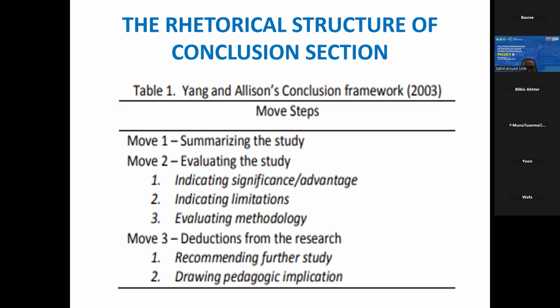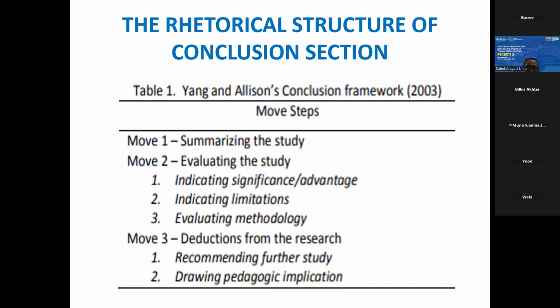In move two, we evaluate our study by indicating significance or advantage. So, what are the significance, the importance, the advantage of our findings? Step two, indicating limitation of the study.